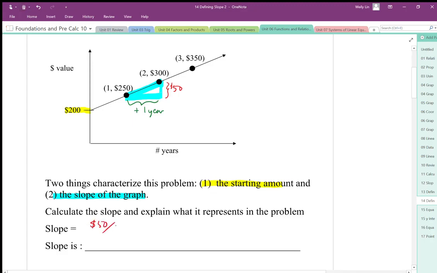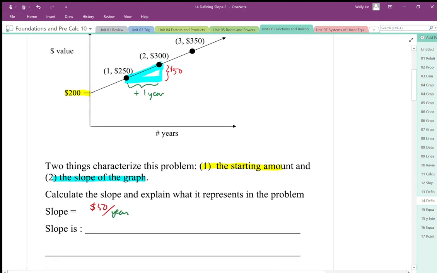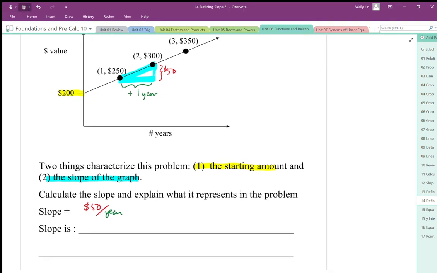And this is the rate in the problem. And so the slope represents, in this case, a rate of $50 per year increase in value.